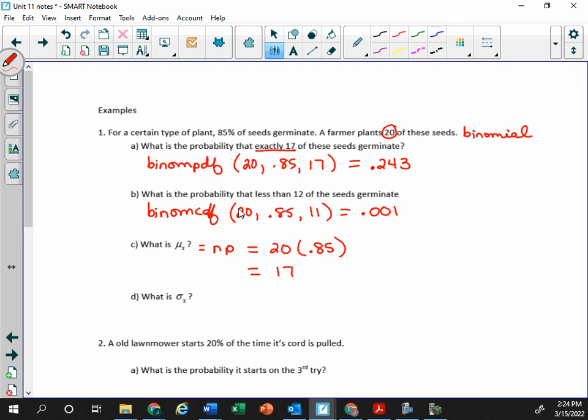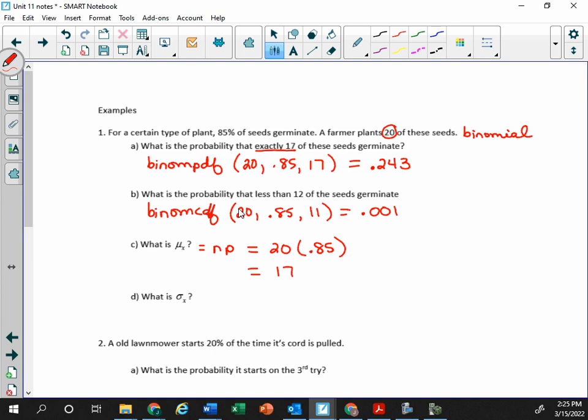So guys, what is that 17 telling us? Like the expected number that would germinate? Yeah, it's saying if 85% of them germinate, 17 seeds will germinate, which is really very simple when you think about it.